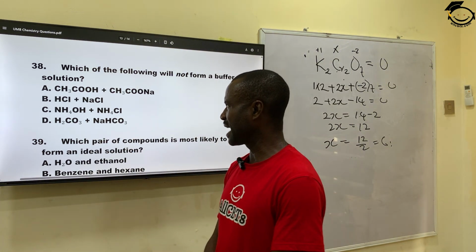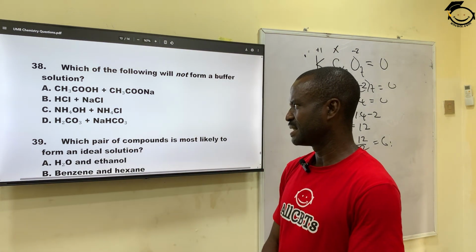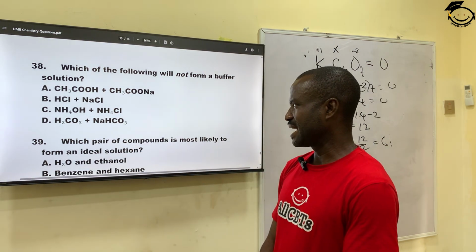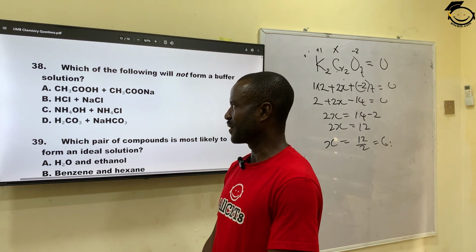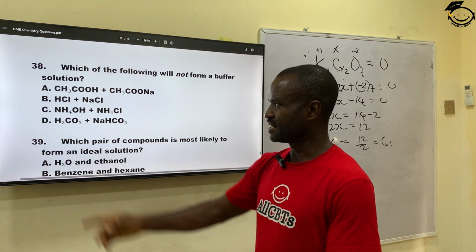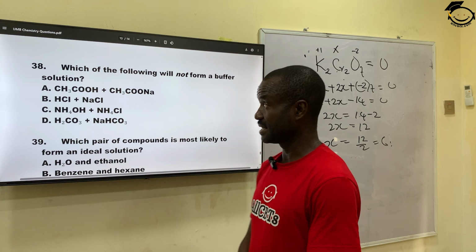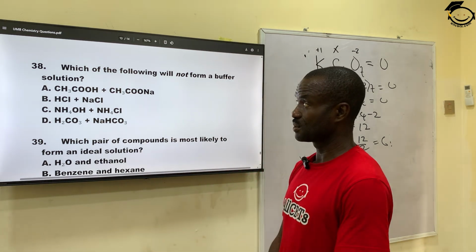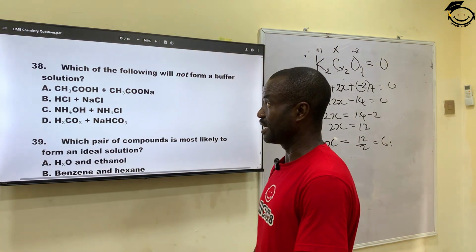C, ammonium hydroxide and ammonium chloride. D, trioxocarbonate(IV) acid and sodium hydrogen carbonate. The correct answer is B. This is not a weak acid but a strong acid and its salt. So the correct answer is B, HCl and sodium chloride.